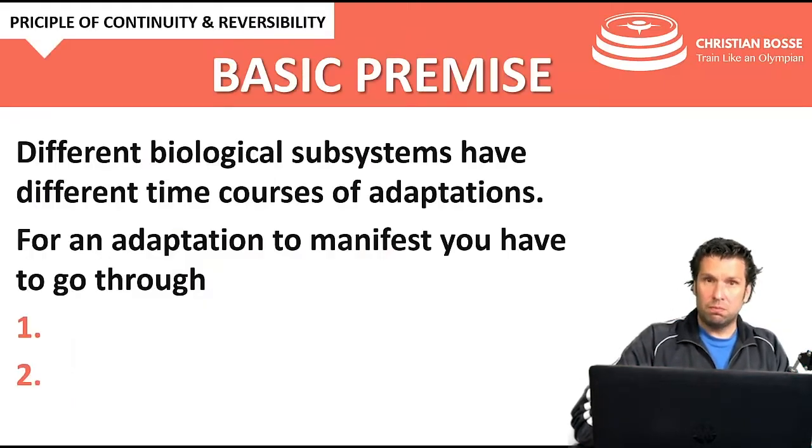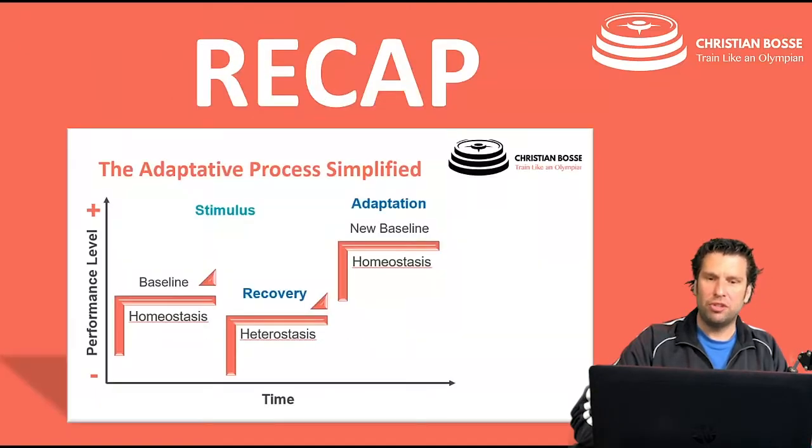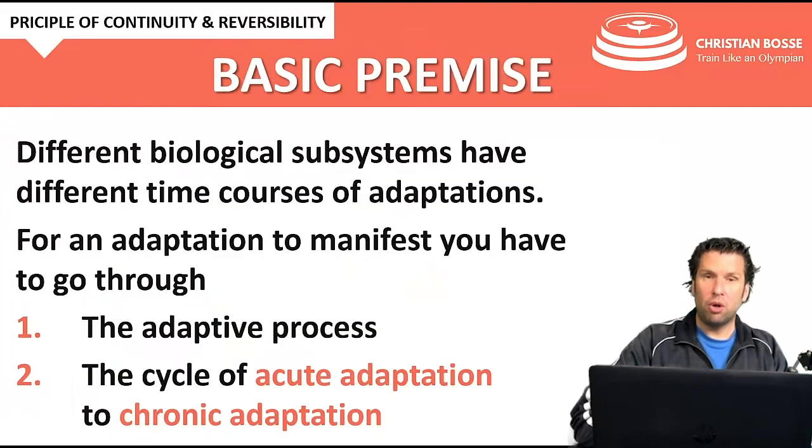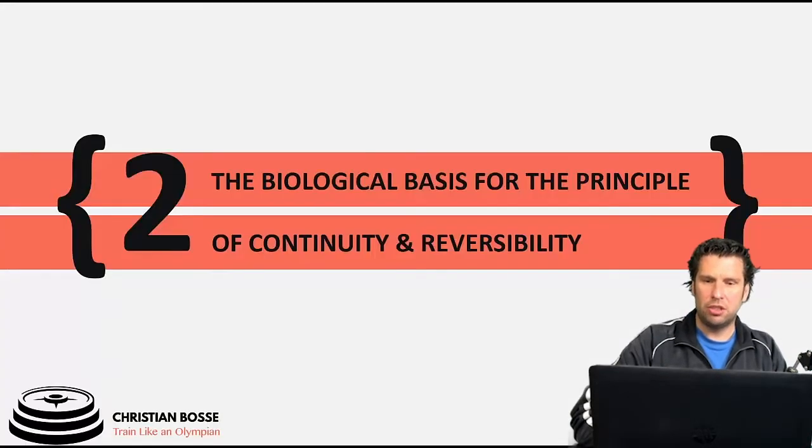So, biological subsystems have different time courses, and for an adaptation to manifest, you have to go through, number one, the adaptive process. I outlined that previously: stimulus, recovery, adaptation, but also the cycle of acute adaptations to chronic adaptations.